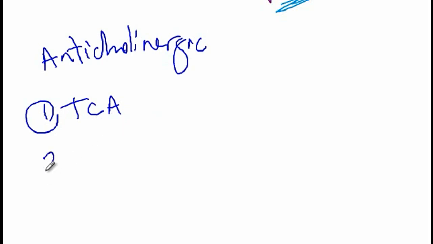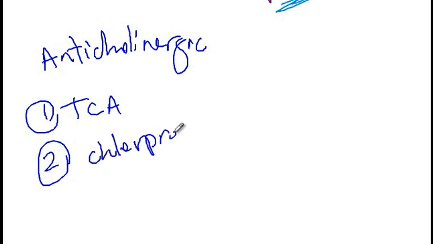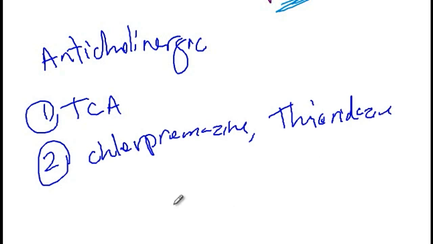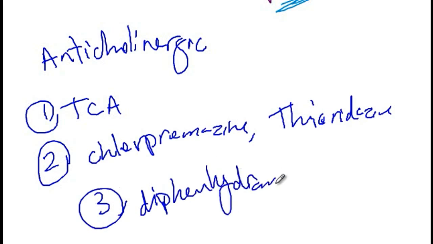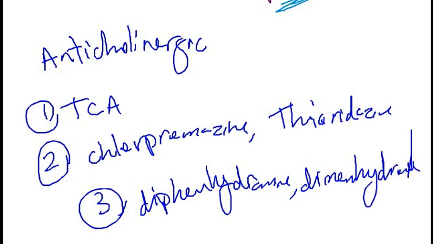Other medications that have anticholinergic effects include the low-potency first-generation antipsychotics, like for instance chlorpromazine or thioridazine, as well as the first-generation antihistamines like diphenhydramine and dimenhydrinate. And thus these medications also have antiemetic properties because of their anticholinergic side effect. And that concludes our discussion.